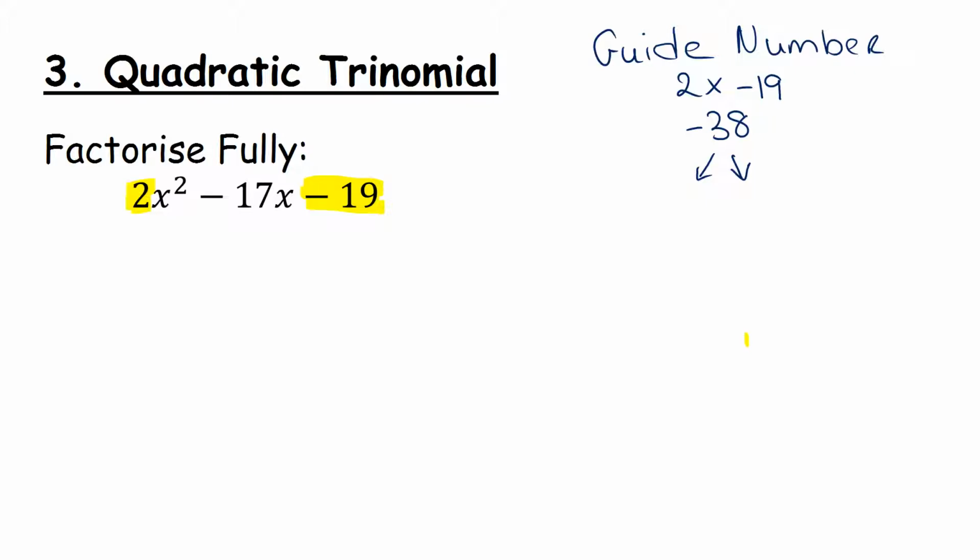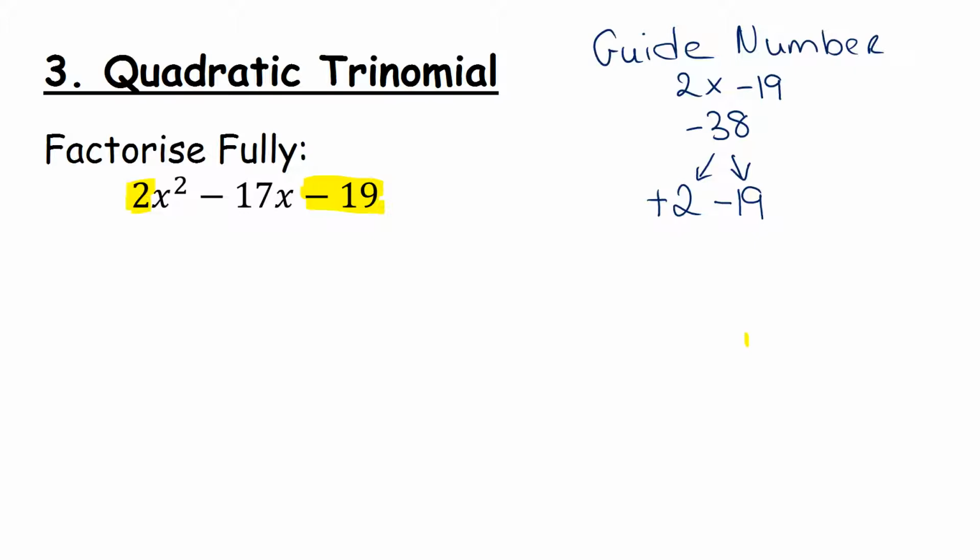So we've already used 2 and 19 to get here, and we're trying to find a set of factors which basically add to give me minus 17. And if I used 2 and 19, where the 19 is a negative and the 2 is a positive, they will actually add to give me minus 17. So that's exactly what we're looking for.